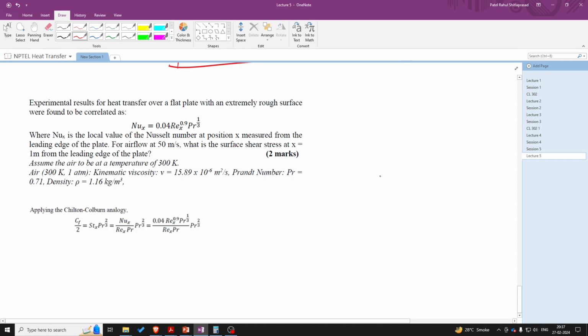So we have been given a flat plate with an extremely rough surface, and for this the Nusselt number correlation is given by this equation.